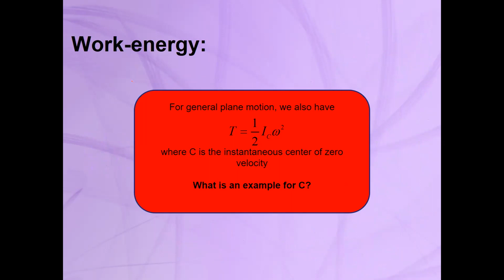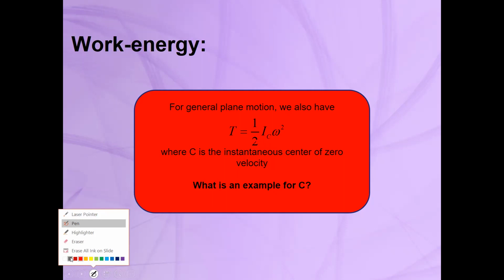Here we have one point. For the general plane motion, we also can write the kinetic energy in this term. You can see half IC omega squared, where this term, IC, is the mass moment of inertia about the instantaneous center of zero velocity, and C is the instantaneous center of zero velocity.